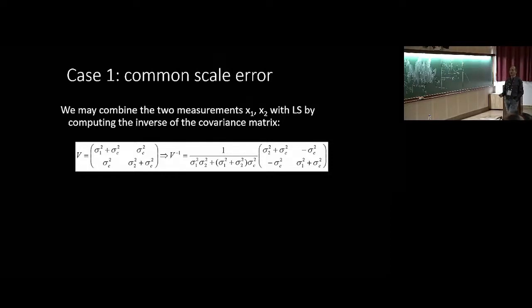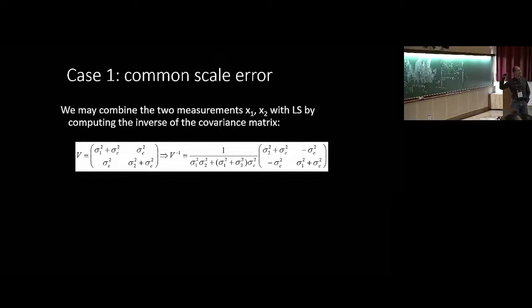And that part is also appearing in the off-diagonal terms. So there is a correlation between the two measurements, which is this correlated part of the variance. So each measurement has its own part of the variance, and then there is a common part, which appears also in the non-diagonal terms.